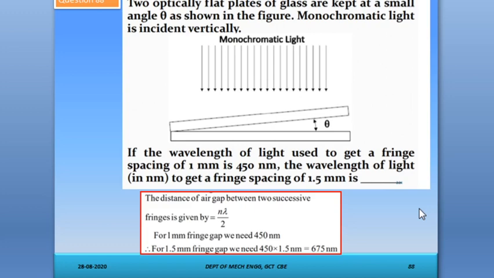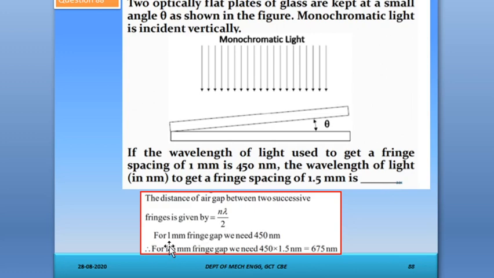Already we know the formula used in optical flat. Here n is the number of fringes and lambda is the monochromatic wavelength, divided by 2. The air gap between two successive fringes is given by n lambda divided by 2.